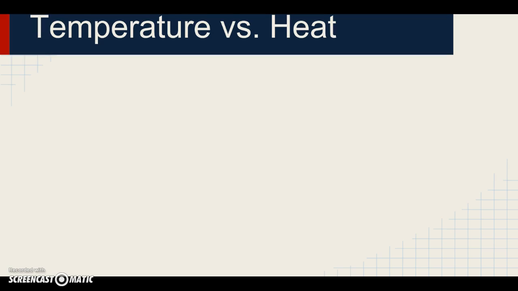Another important distinction in this chapter is the difference between temperature and heat. We've talked a lot about temperature this year. Do you remember what we said that temperature was? We've said that temperature is the average kinetic energy in a substance, in a material.